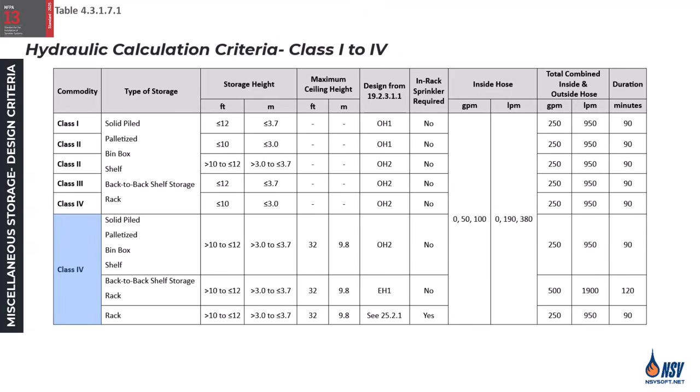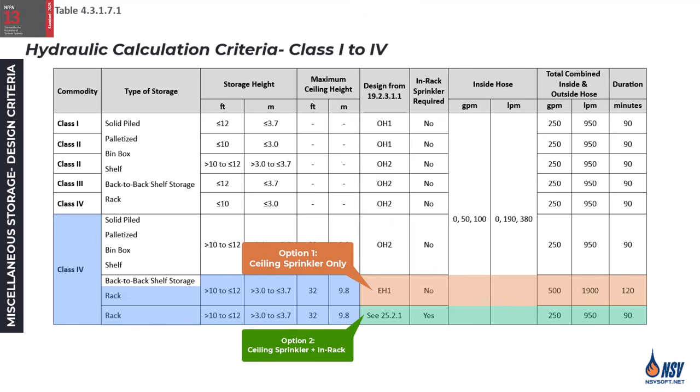For Class 4 commodities stored in racks with a storage height greater than 10 feet and up to 12 feet under a ceiling up to 32 feet high, the table provides two options for the sprinkler system design. One option is to use only ceiling sprinklers, while the other is a combination of ceiling and in-rack sprinklers based on section 25.2.1.